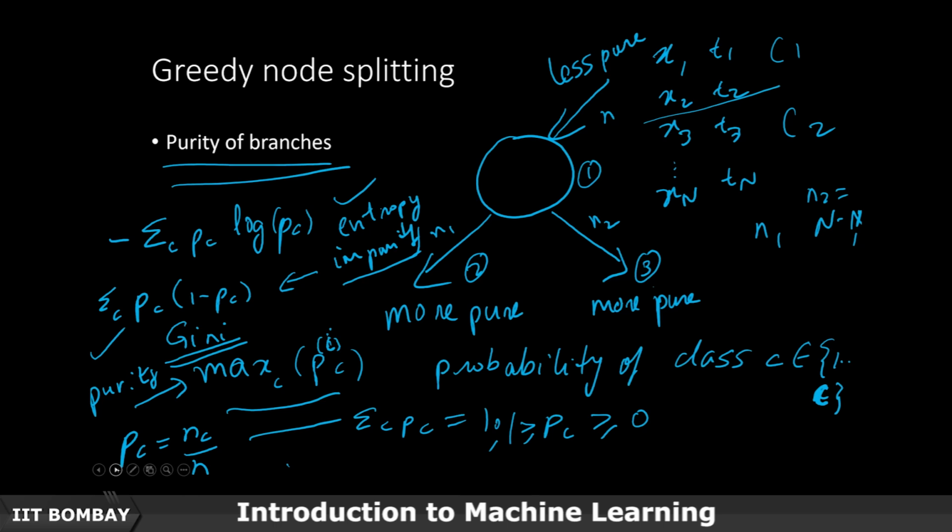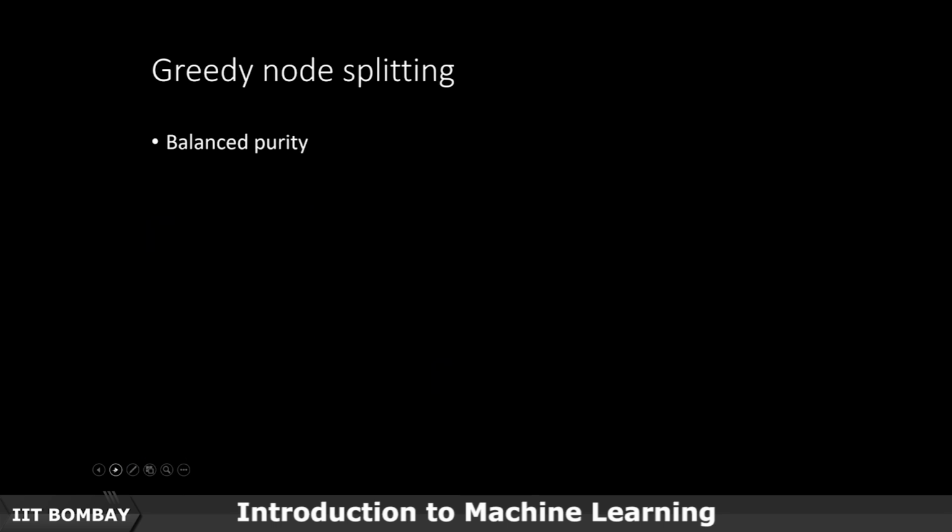Now this purity itself may not be balanced, in the sense that we may send only one sample to one branch and all the other n minus 1 samples to the other branch, which does not help, because we want a better average purity. So we want a more balanced purity increase as opposed to an imbalanced one. Let us see what that means. Let's say we have a particular node that many training samples reach.